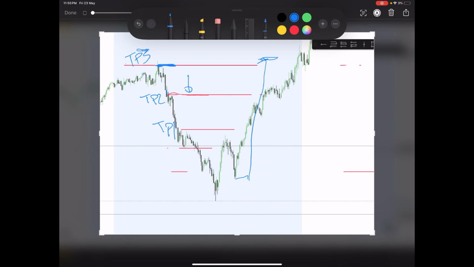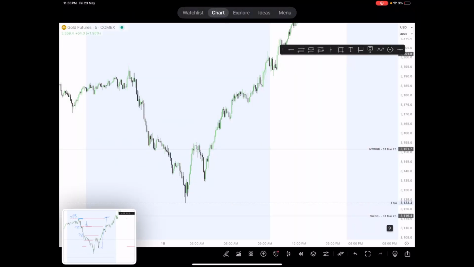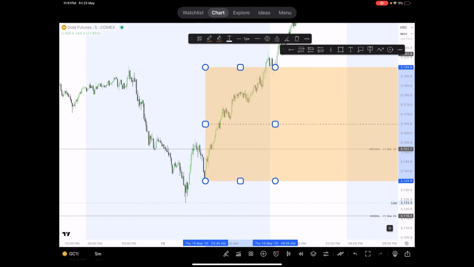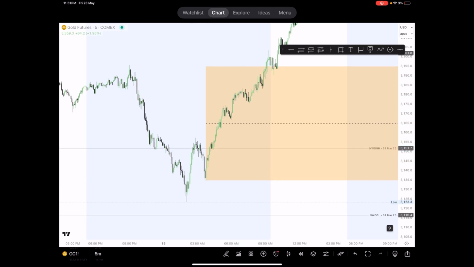And if you go back to the charts, if you have taken this trade from here all the way to there, you would have gained from 31.33 all the way up to 31.95. Let's say you have taken your price here.